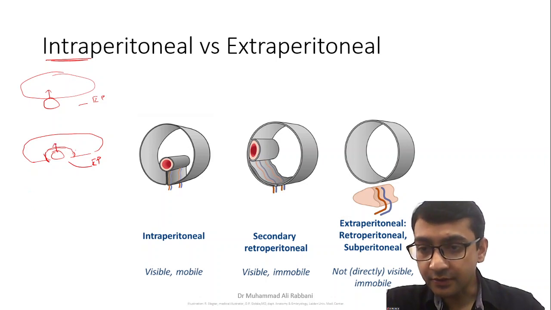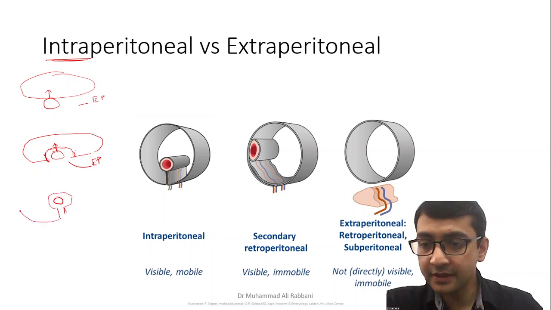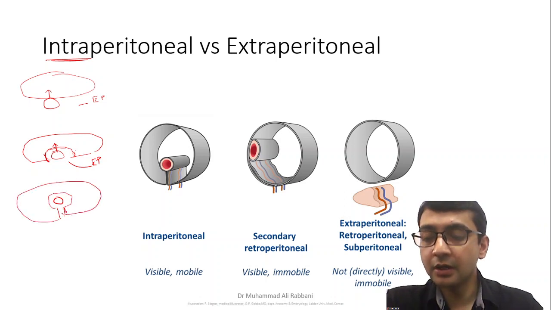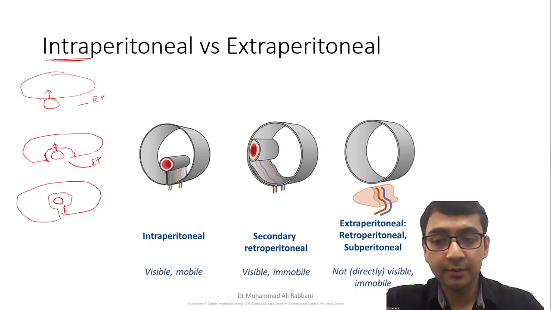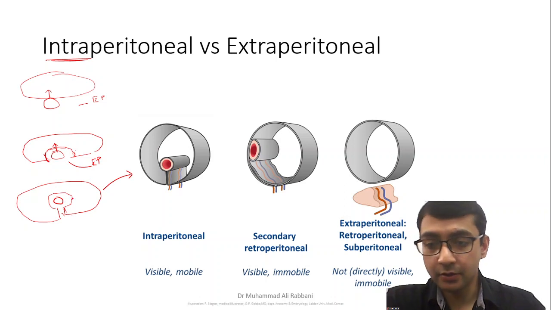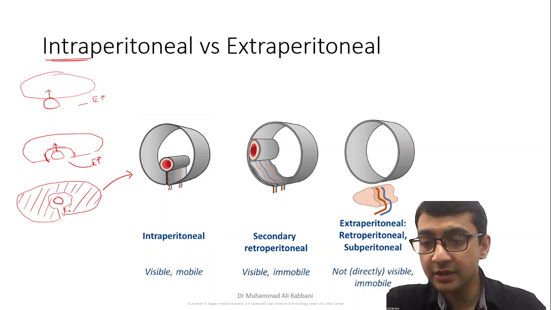If it moves even further and reaches here, the membrane is covered like this. Now it is known as an intraperitoneal organ. This particular image is shown here. I am emphasizing that intraperitoneal does not mean that it is within the actual cavity.